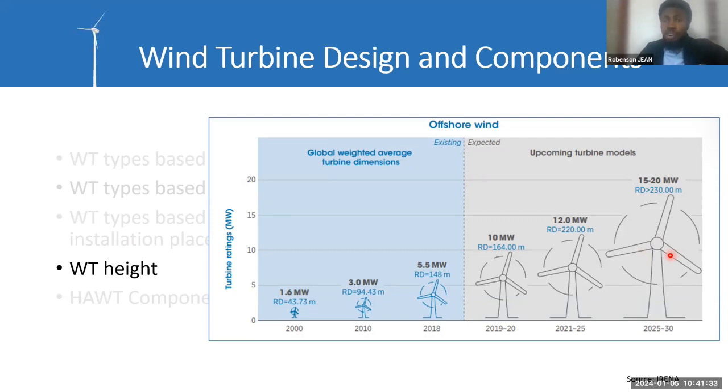But when we go offshore, on the sea, where there is no case for noise pollution or visual pollution, they can go higher and there is less risk. They can harvest higher wind speed. That's why you can see that the wind turbines dedicated for offshore application are taller and they have a wider rotor diameter.